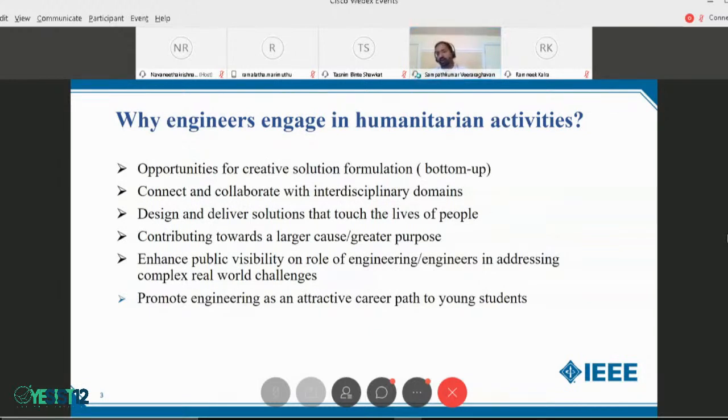And another area, I would say, is that the application of your technology speaks volumes, or provides more visibility than theoretical explanation, right?